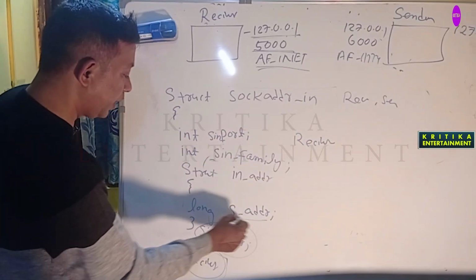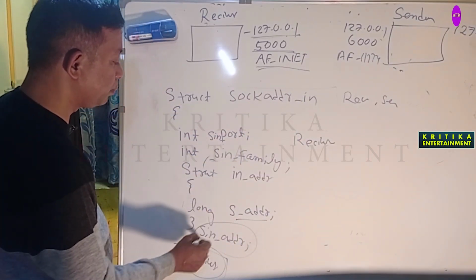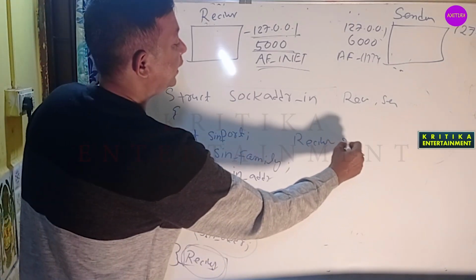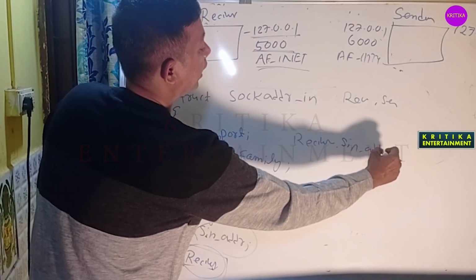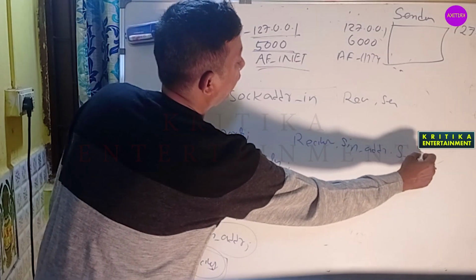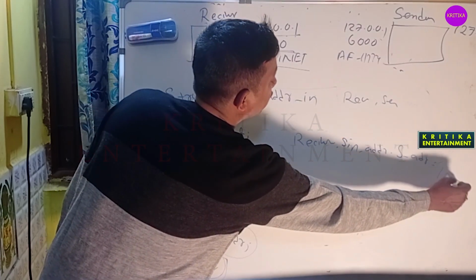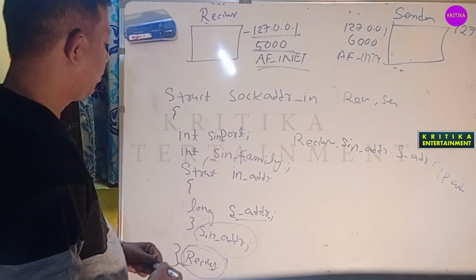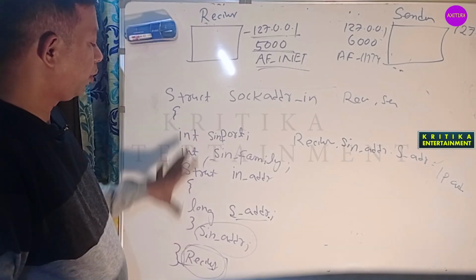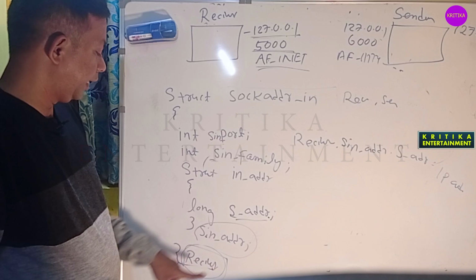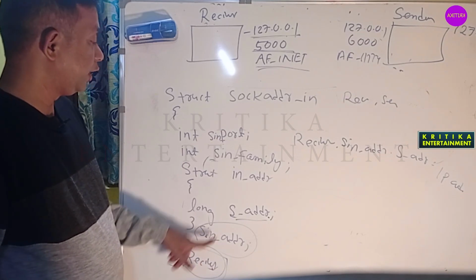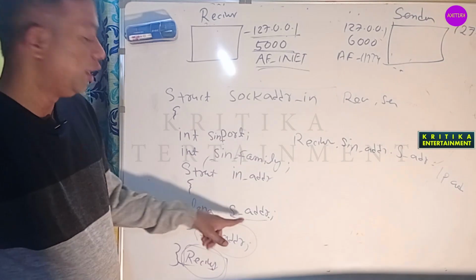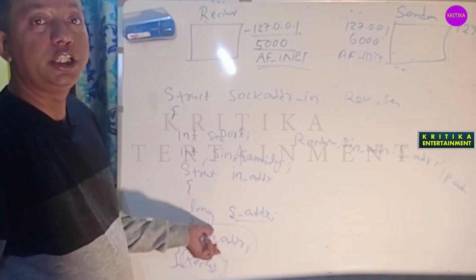How to access this variable? You cannot directly access receiver dot s_addr. You will write receiver dot sin_addr dot s_addr is equal to the IP address you can store. So this time, I think you have understood, this is a nested structure sin_addr, this is the outer structure. To access this variable you cannot write directly receiver dot s_addr, because the mediator is sin_addr.